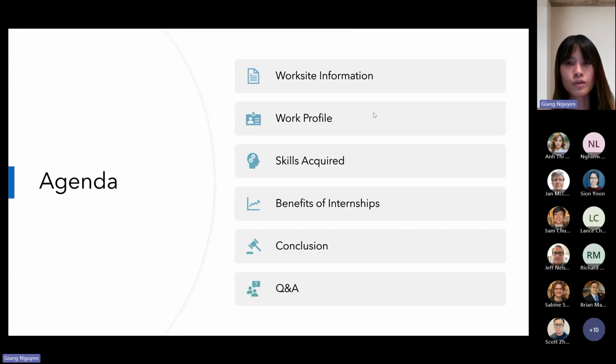The agenda today will include the worksite information, my work profile. I'll share about the skills that I performed at the internship place. Also the benefits of the internship. After that will be the conclusion and Q&A.